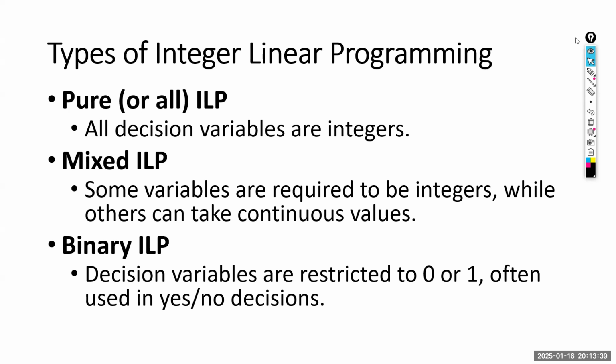Let's not dig into that. I will only explain pure ILP, where all decision variables are integers. That is most likely in the exams also. If you get a question, most probably it will be an ILP question, and all are integers.